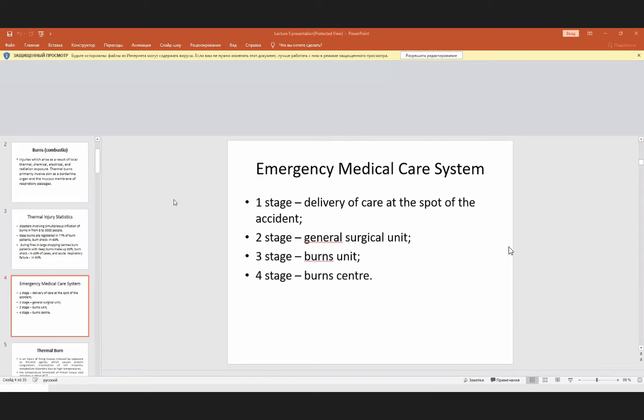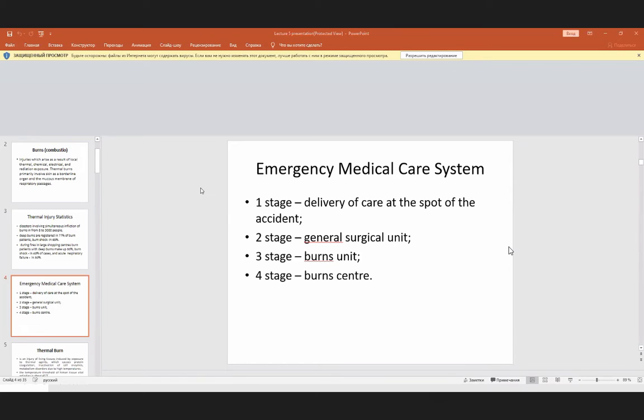Thermal burn is an injury of living tissue induced by exposure to a thermal agent, which causes protein coagulation, inactivation of cell enzymes, and metabolism disordered due to higher temperature.